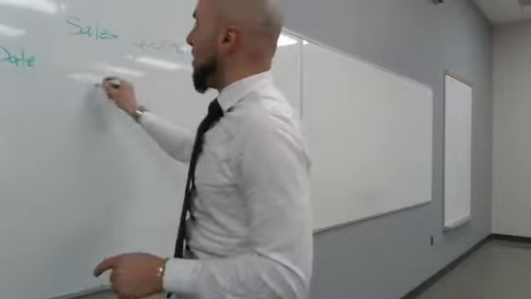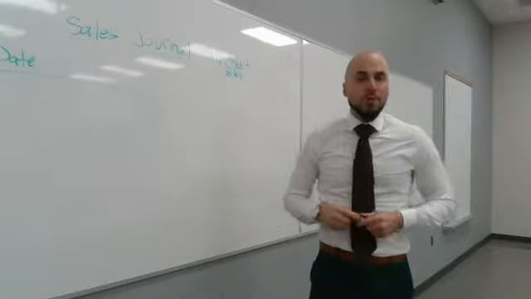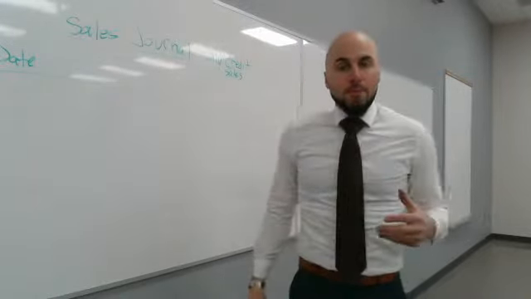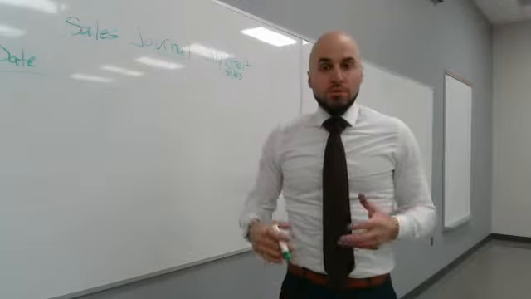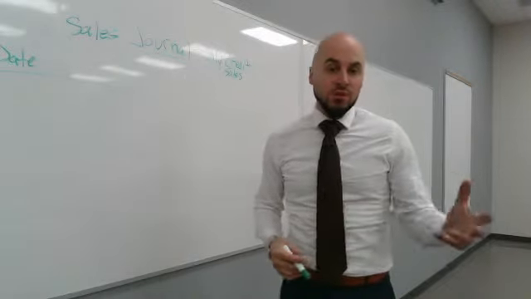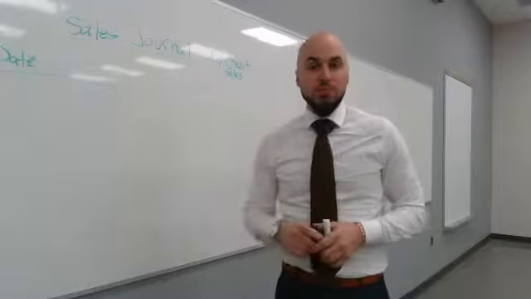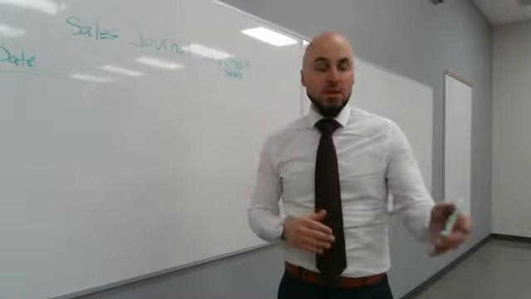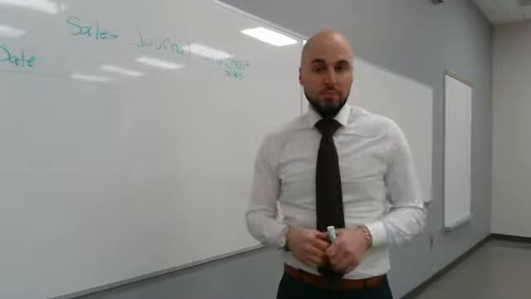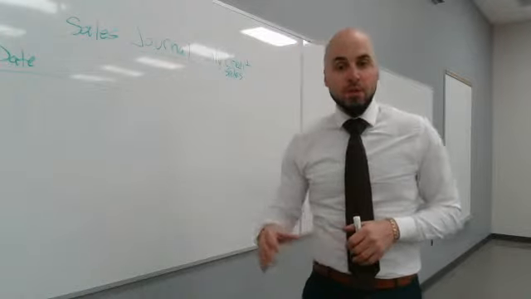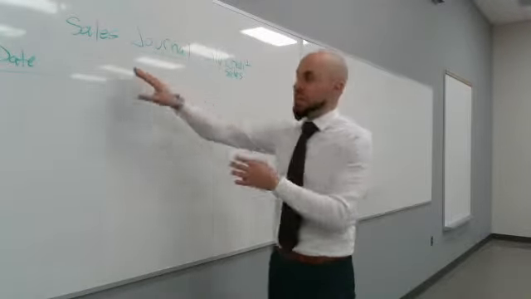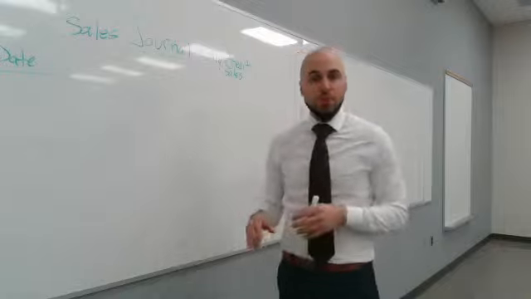I'm going to have columns. And by the way, you might see sales journals, cash receipts journals, purchases journals, cash payments journals that look different depending on the type of book you're looking at. You might look it up on the internet. You'll get different headings in the columns.